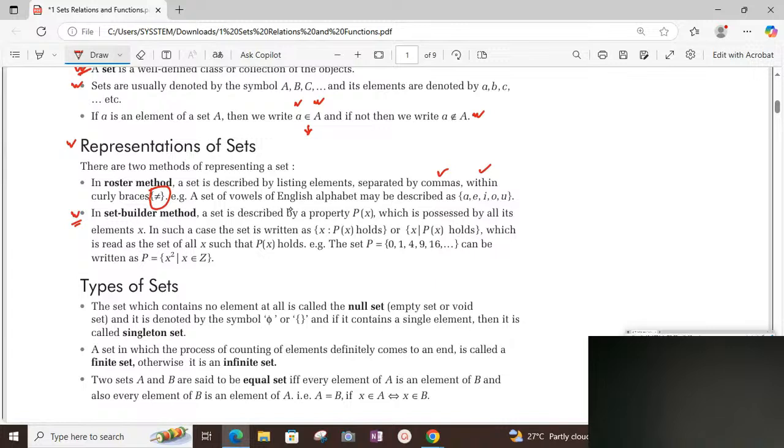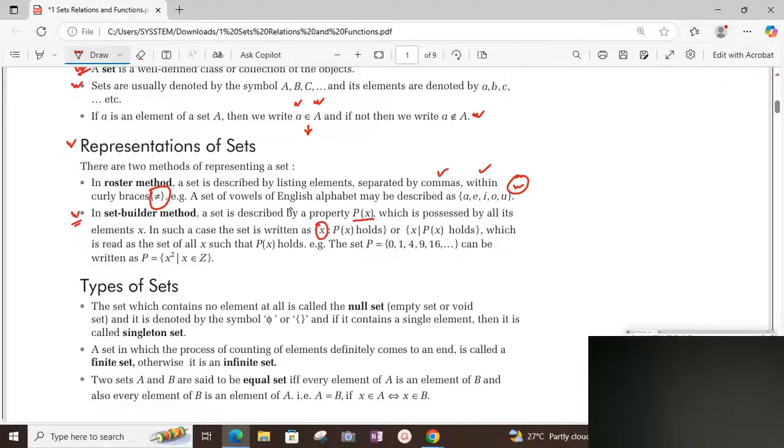A set of vowels of the English alphabet may be described as {a, e, i, o, u} within curly braces or middle brackets. In the set builder method, also called the rule method, a set is described by a property which is possessed by all its elements. In such a case, the set is written as {x : P(x)}, where P(x) is the property of the element.